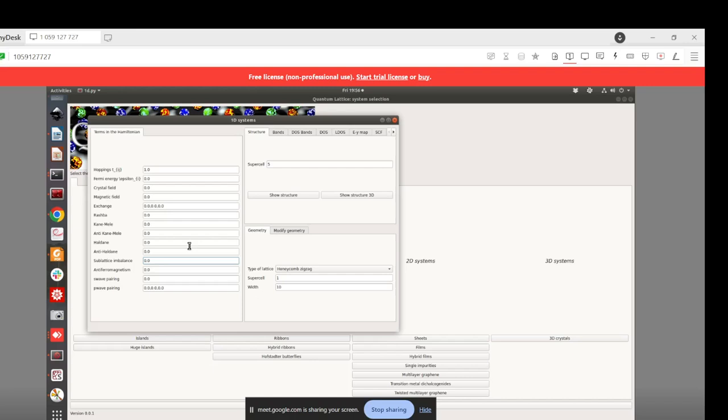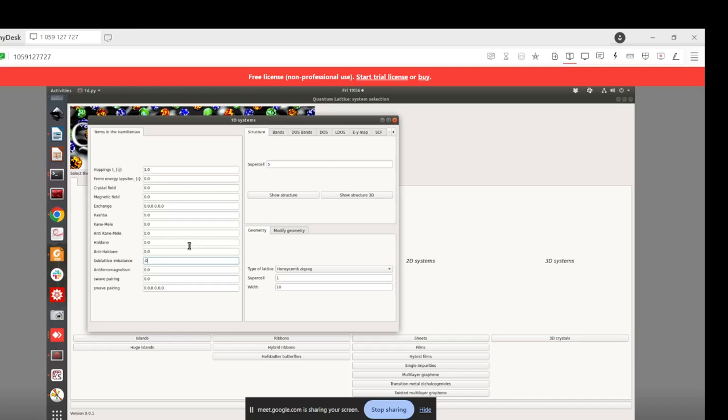Now I want to see whether that gap is trivial or non-trivial, which means is there any edge state if we just add some constant potential at the A sublattice, let's say V1, and B sublattice minus V1 or V2? Will I get a topologically non-trivial state or edge state? By adding sublattice imbalance, I am doing actually that.